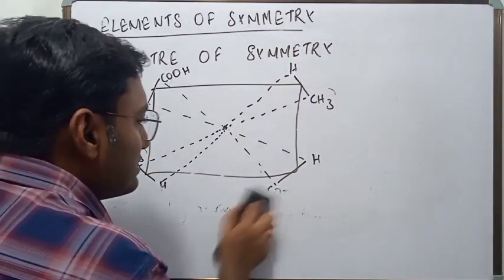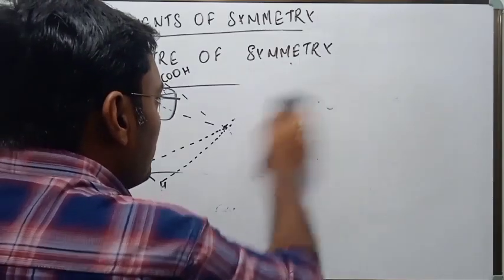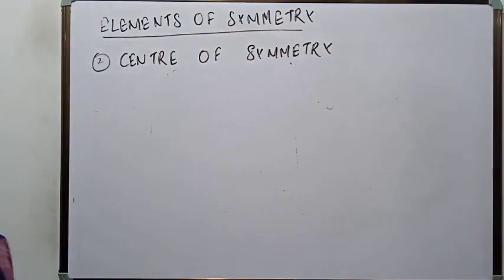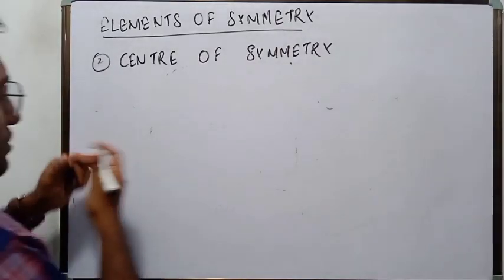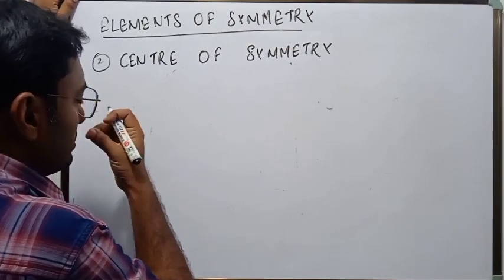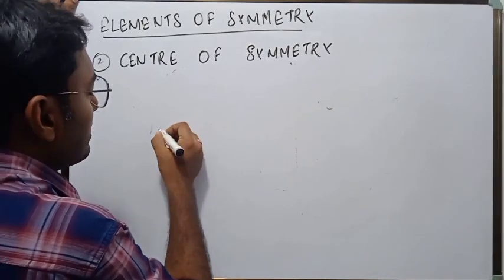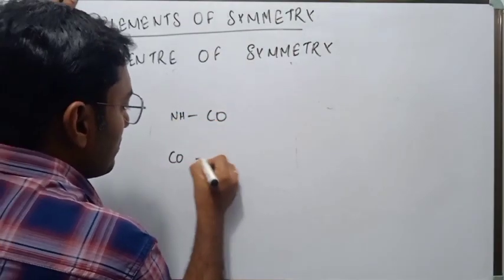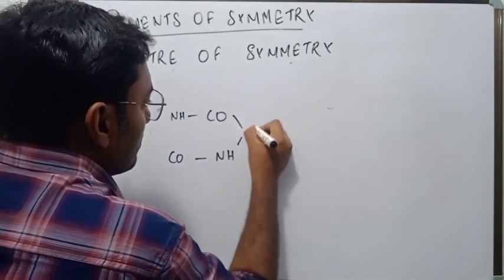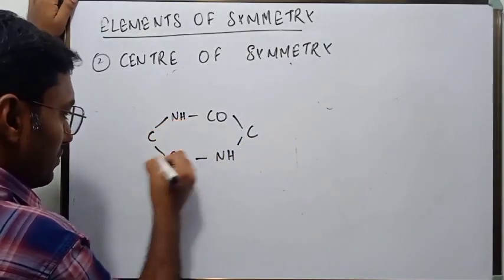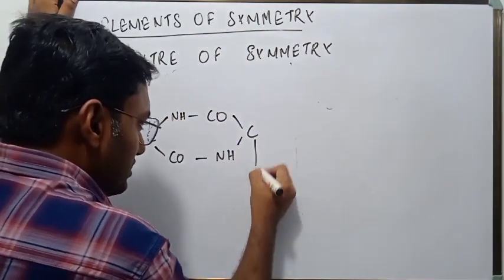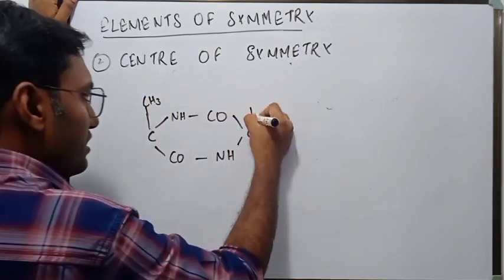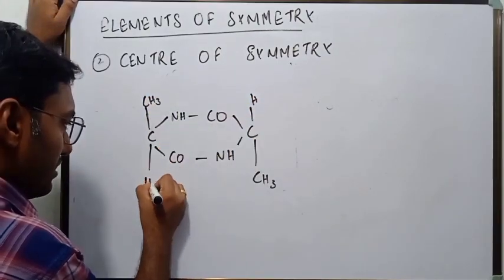Let us now see another example of an achiral compound. Look at this compound. This is trans dimethyl piperazine. You have to draw trans: put CH3 here, CH3 here, H here and H here.